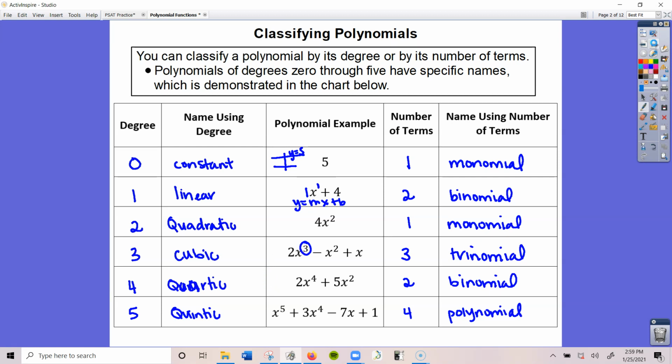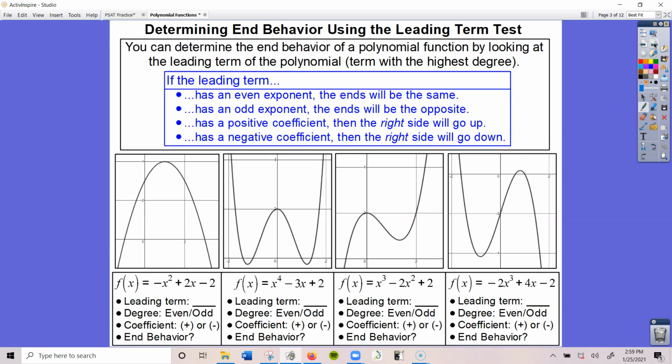Now, like I said, at the end of this lesson, we want to be able to graph polynomial functions. So basically what we're going to do here is get as much information as possible from each polynomial, so that we're able to put that information on the graph. The first thing that we're going to look at is the end behavior. As a reminder, end behavior is what your graph is doing at the end.